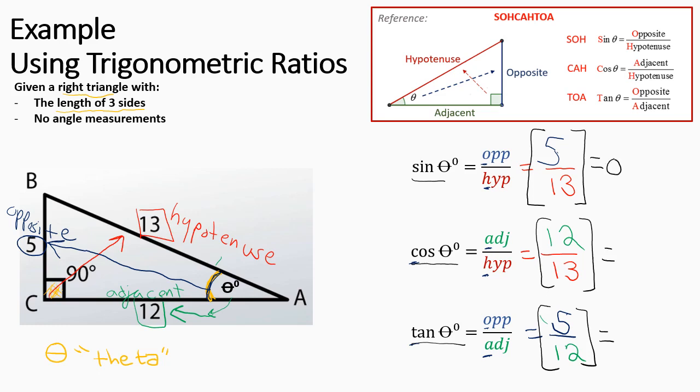So if you simply type 5 over 13 into your calculator, you would get 0.3846. 12 over 13 in your calculator would give you 0.9231, and then 5 over 12 would give you 0.4167.